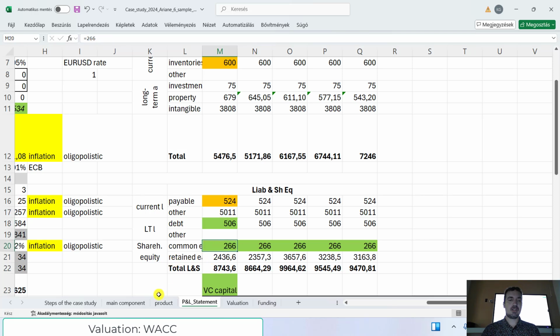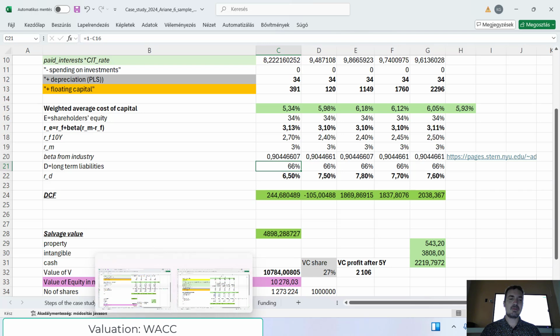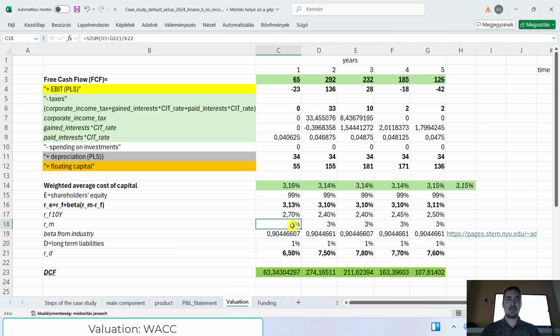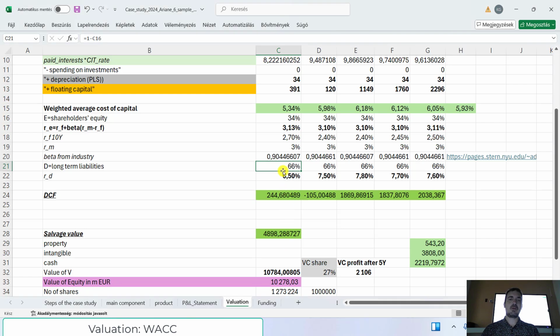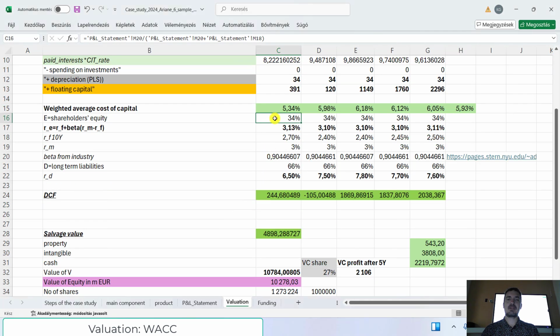So as a result, you can remember, we can see the other Excel sheet where I had only 1% of debt from the overall capital structure, and now it's 66% of debt. So, whoopsie. And also that was 99%, now it's just 34%.